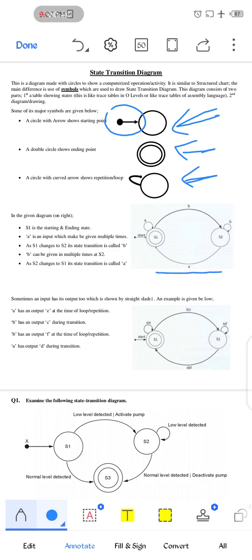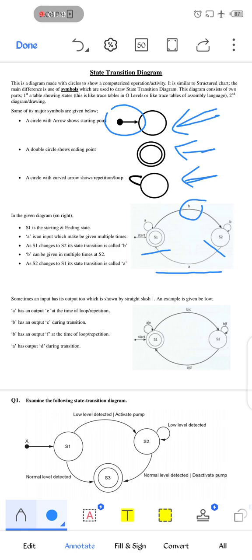You have this one finite state transition diagram. You can see there are two states, S1 and S2. S1 is the starting state, and S1 is also an ending state. S1 changes to S2 when it has input B. But if you press A many times, it will not change its state, it will stay in S1.